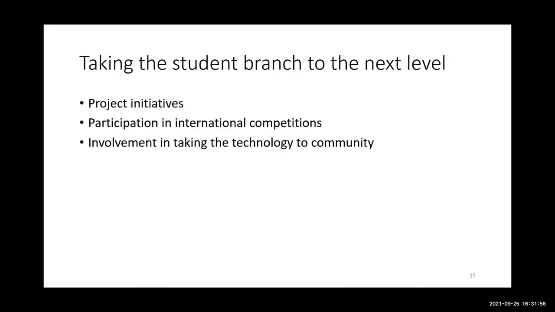Okay, and now we have witnessed our IEEE student branch, like other student branches within the country, become very active. So we are proceeding with our events, right? We participate in the workshops, and then we benefit from that, and we are organizing activities from which other students can benefit.